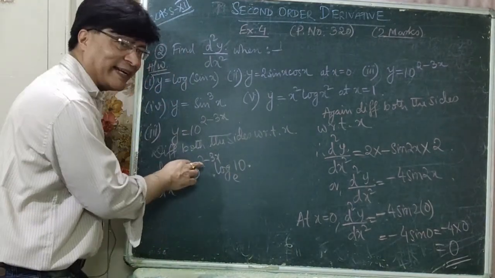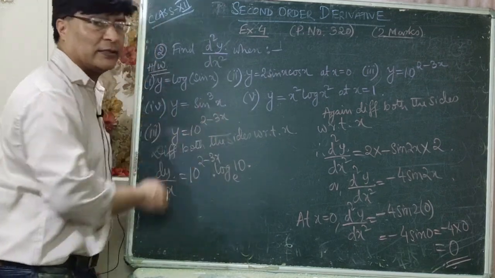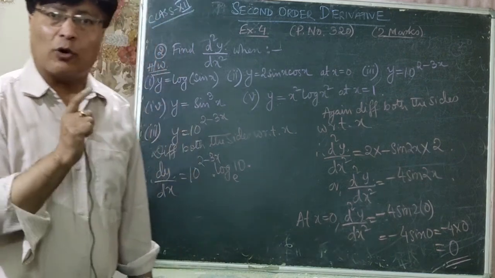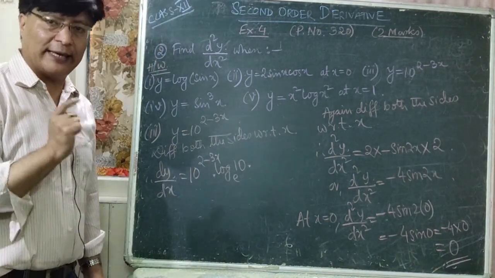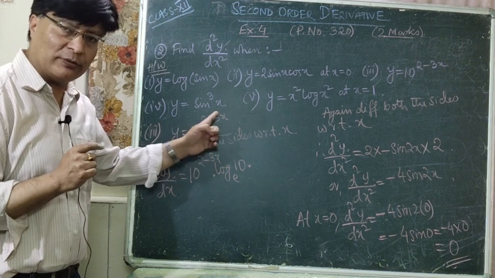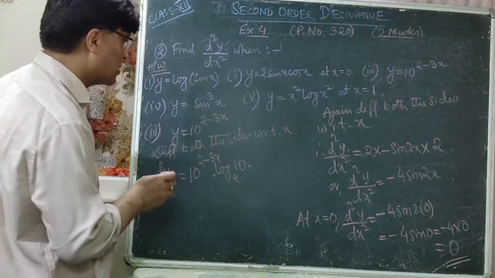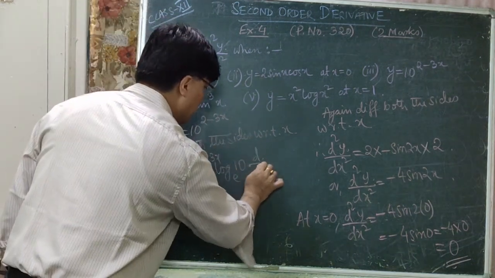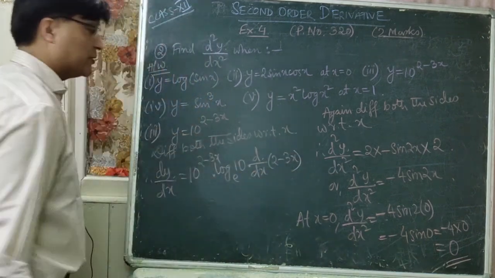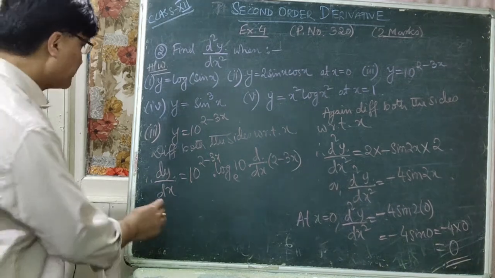Which function is taken as x? 2 minus 3x. The function which is assumed as x, that is also to be differentiated again. That is, your 2 minus 3x लाई हामीले x सम्झेको थियौं, त्यसलाई फेरि हामीले डिफरेन्शिएट गर्नुपर्छ into dy dx of 2 minus 3x. Is that clear now?